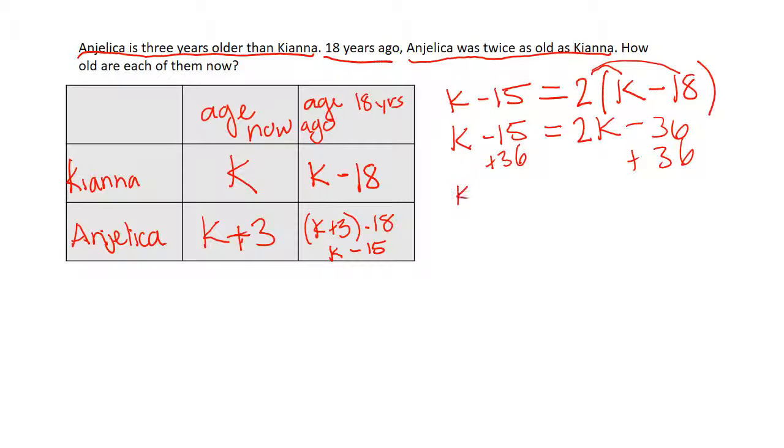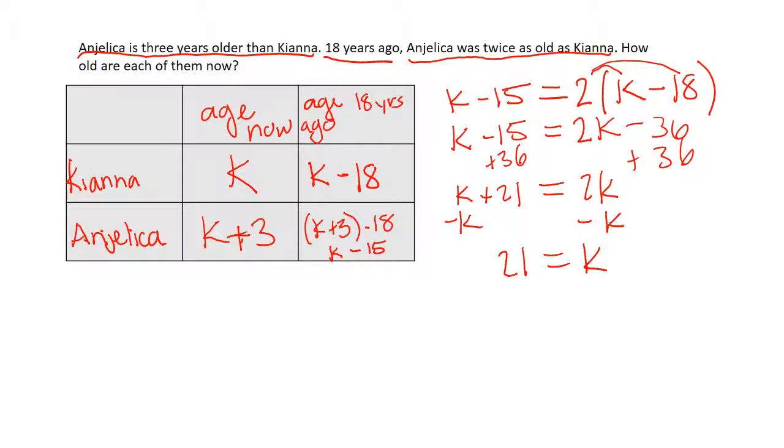So over here we have K plus 21 equals 2K, and then I'm going to subtract K from both sides. So 21 equals K. So what does this tell us?